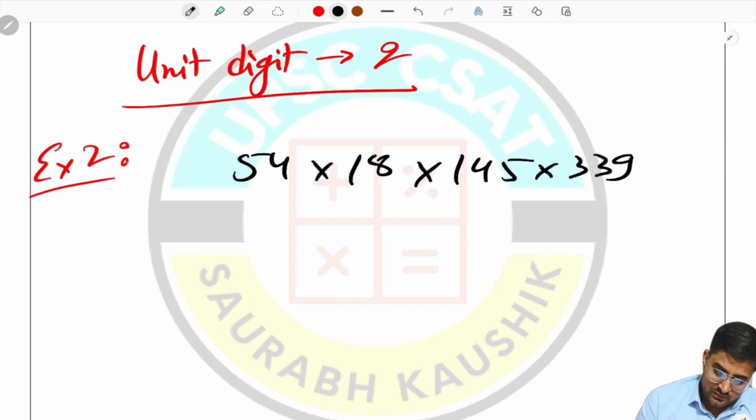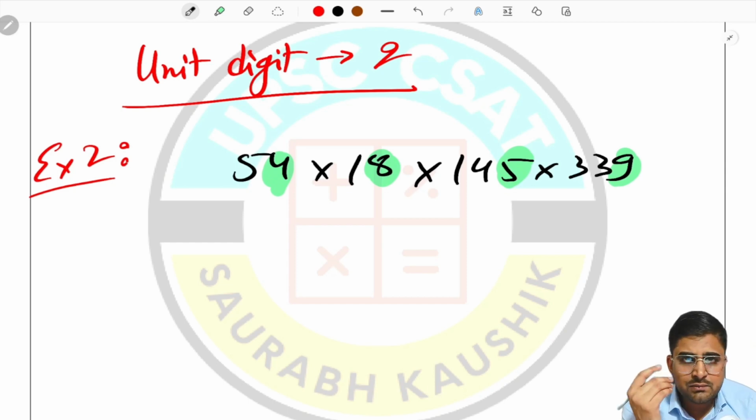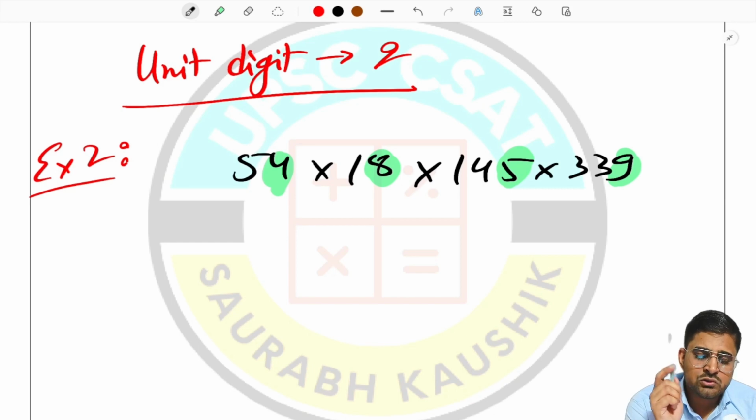That's a big number. Now again, take the unit digit and multiply them. Is that only for multiplication? No, for addition also. But avoid this in subtraction. Why? I will show.